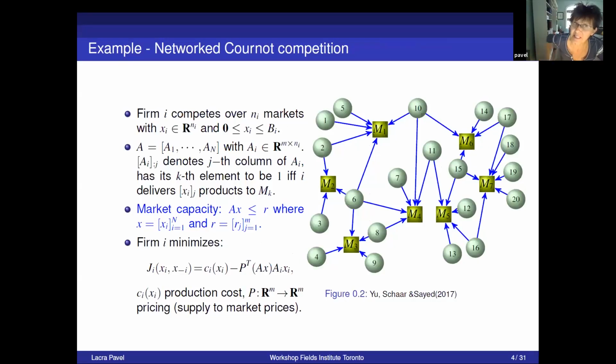Another example is a network Cournot competition, where several firms are supposed to produce goods that allow them to access different markets, and each market has a certain capacity. The firms have to balance the production costs with the pricing, as well as satisfying this market capacity.